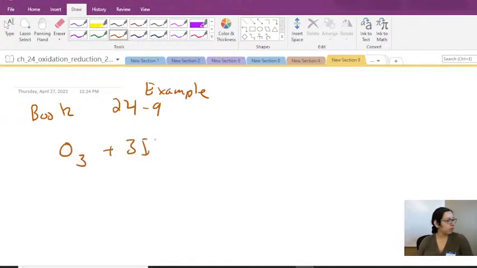Then this only has that. So we're basically just splitting the bonds.